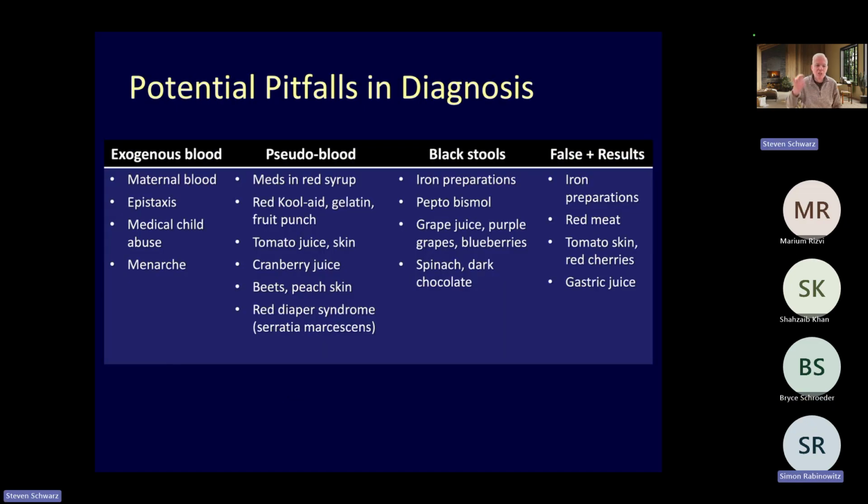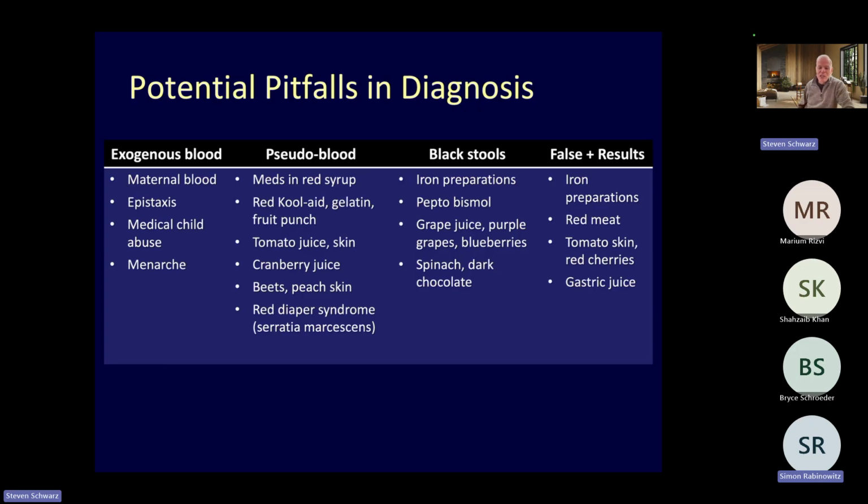All right, pitfalls in diagnosis. Exogenous blood, maternal, epistaxis, medical child abuse, where it's not really the child's blood, or something else is going on. Menarche, of course. Pseudobloods, meds in red syrup, red Kool-Aid, anything that's red can give you the appearance of bleeding.